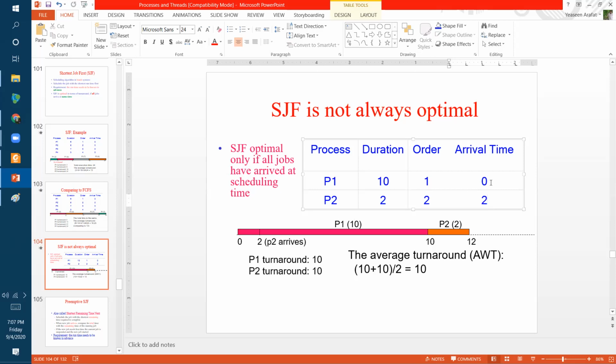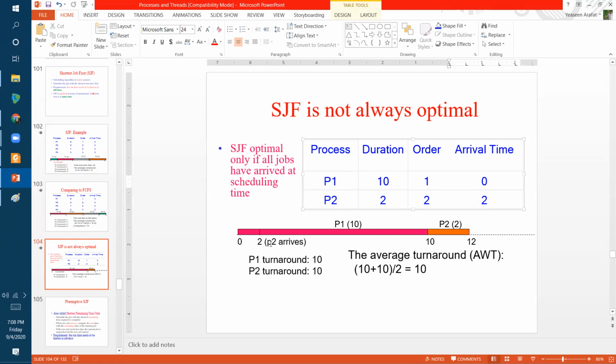But here P1 comes first, so P1 has been given the CPU by the scheduler, because it comes first and there is no other contender.